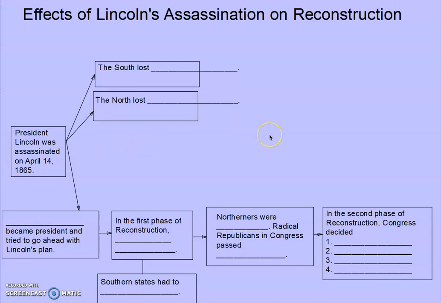So the effects of Lincoln's assassination on Reconstruction. If we think back to the other chart from before, President Lincoln was assassinated on April 14th, 1865. So you can use this chart to guide you on all the things you should have learned in Lincoln's plan for Reconstruction, Johnson's plan for Reconstruction, and Congress's plan for Reconstruction.